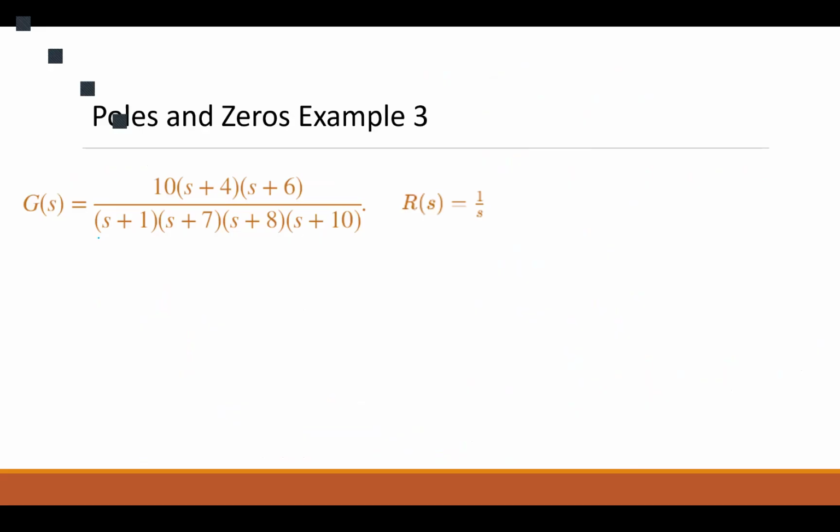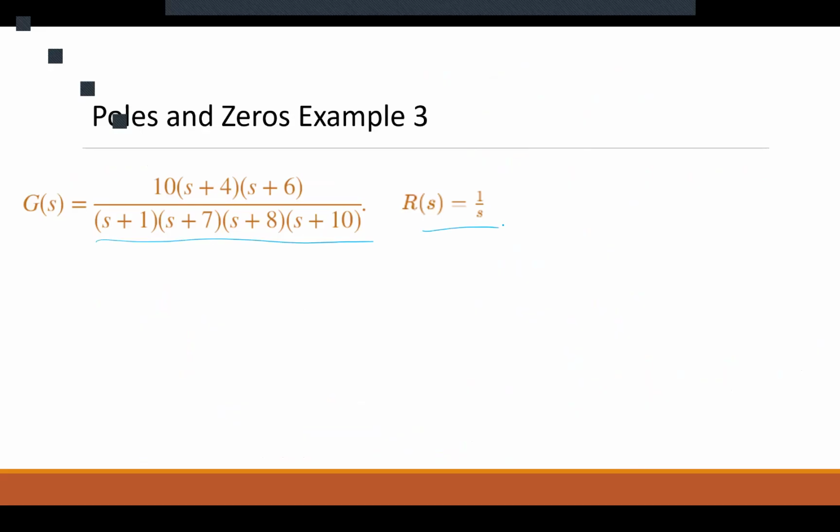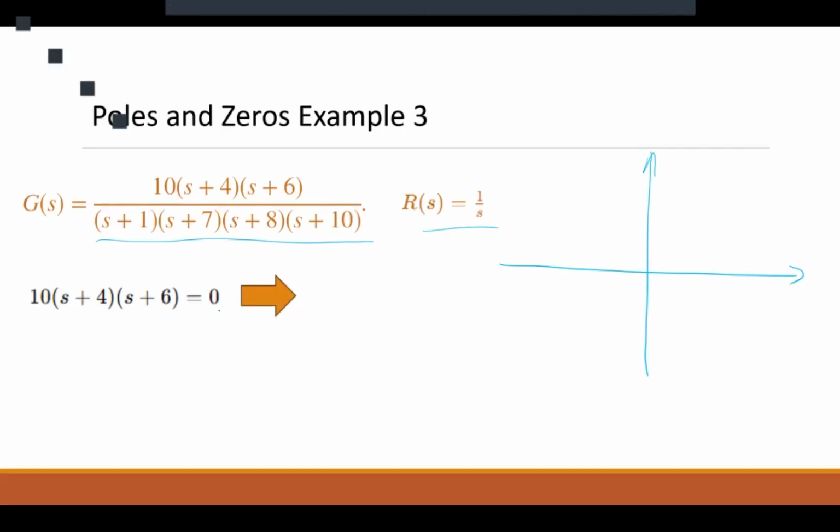This is our transfer function, and we are going to apply a step function as an input. The numerator is going to have two zeros, one at minus 4 and another one at minus 6. 1, 2, 3, 4, 5, 6, 7.